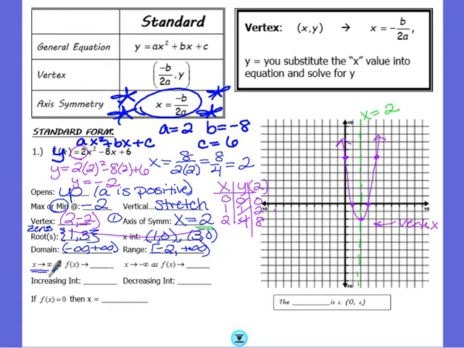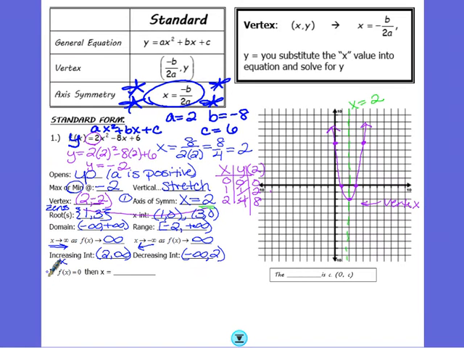Our end behavior is x goes to the right. What's our graph doing? It's going up. And as x goes to the left, what is our graph doing? It is going up. Our increasing and decreasing intervals. Our increasing interval, remember we use x values for both, so we're increasing from 2 to positive infinity, and we're decreasing from negative infinity to 2.